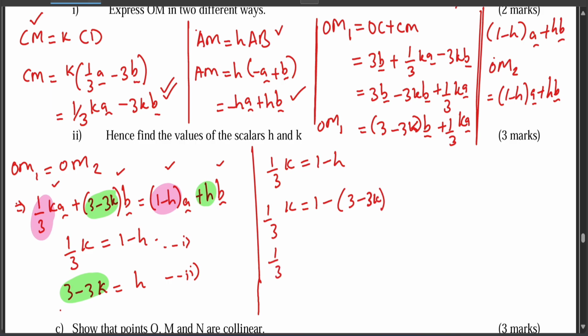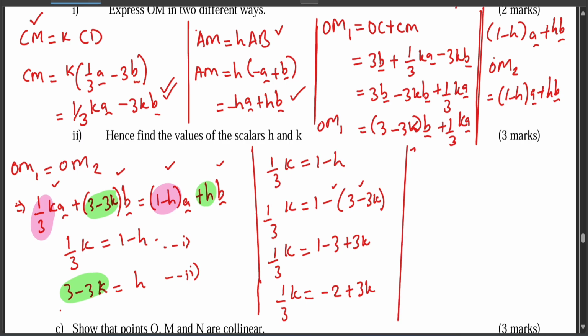So a third K is equal to 1. Ukifungua bracket, 1 minus 3 plus 3K. Sababu hii negative na negative itakuwa positive. So a third K is equal to 1 minus 3, which is negative 2, plus 3K. Sawa, naona nimetumia a lot of straight lines, but as long as yani pia benefit student.